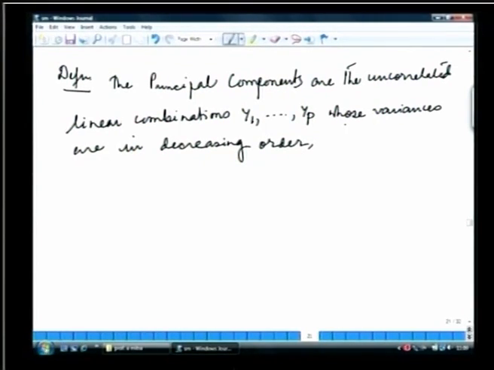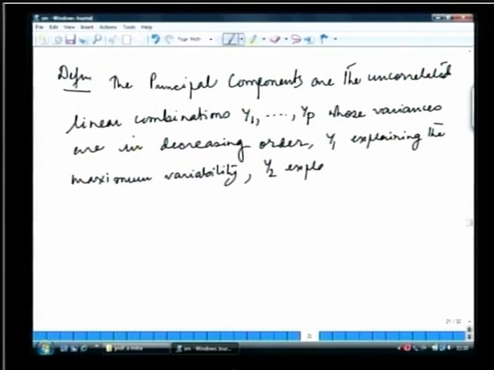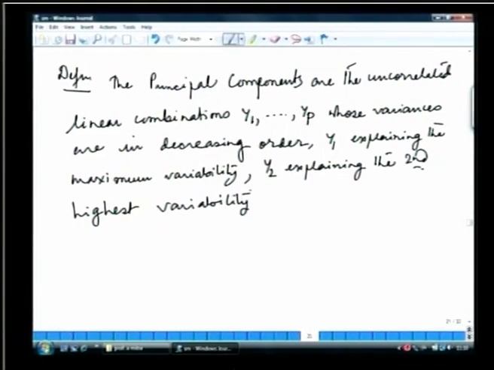These are in decreasing order: y1 explaining the maximum variability, y2 explaining the second highest variability, and so on.